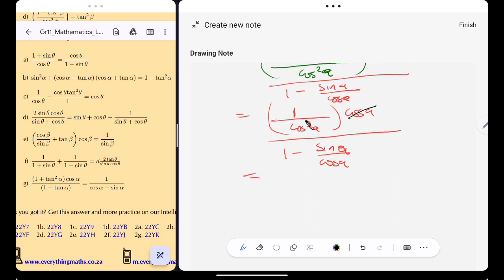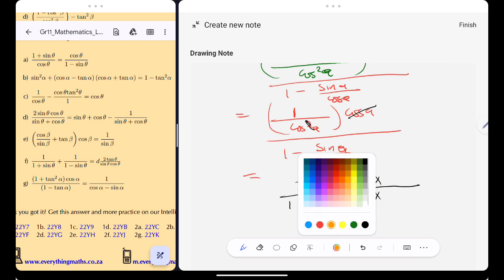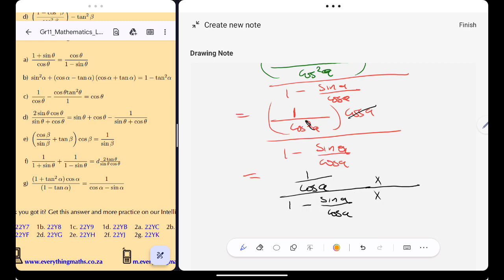So at the top I'll be left with 1 over the cos of A. The bottom is 1 minus sine A over cos A. Now whenever I deal with fractions, I don't want to have a fraction within a fraction. I want to have whole numbers divided by whole numbers.